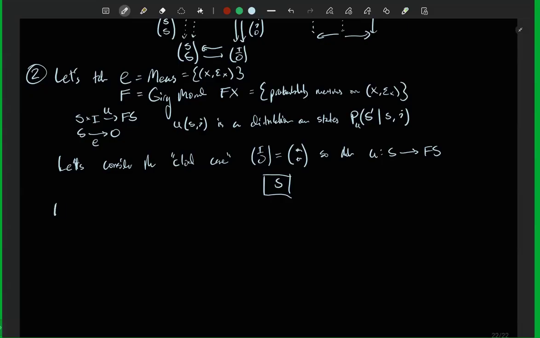So a behavior is a sequence of S-valued random variables, S1, dot dot dot, Sn, dot dot dot, which update to each other.